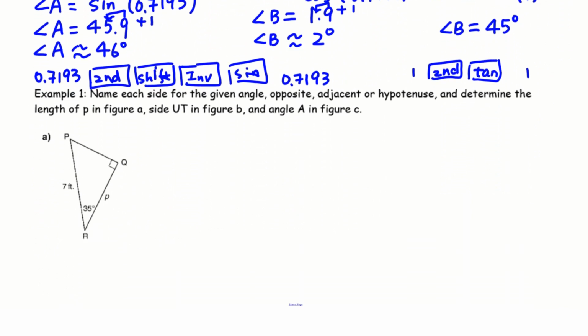So now we are going to see an example. First thing, name each side for the given angle, opposite side, adjacent side, or hypotenuse, and determine the length of P in figure A, a side UT in figure B, and angle A in figure C. So in this one, we want to find this side.